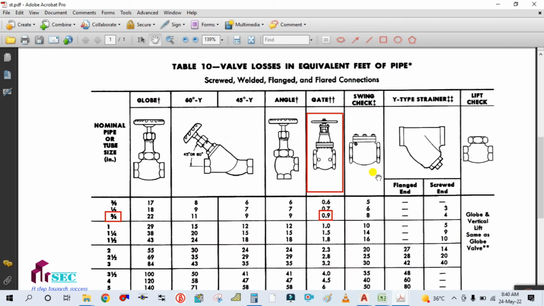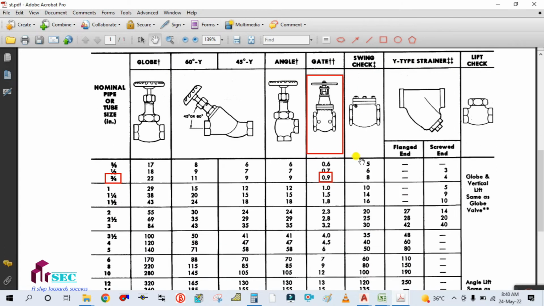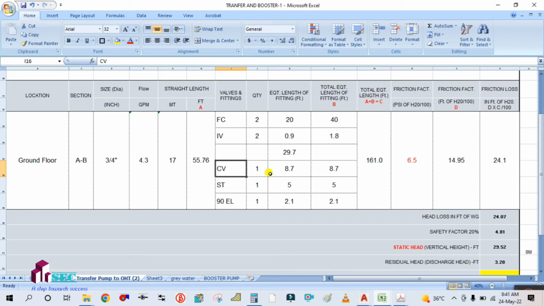We look for the check swing valve in this column, row and column, the equivalent length is 8 feet. So enter check valve 8.